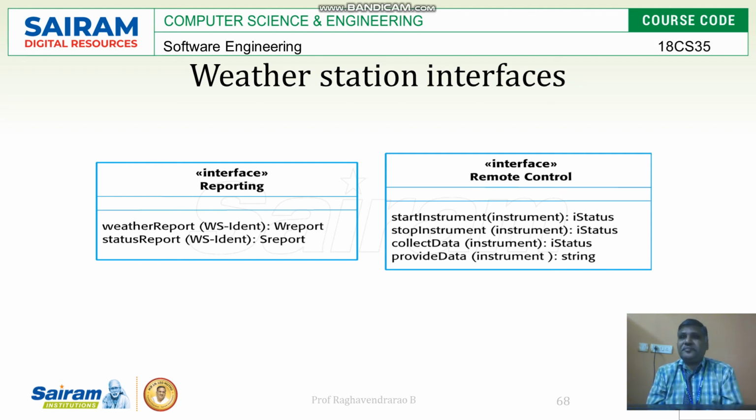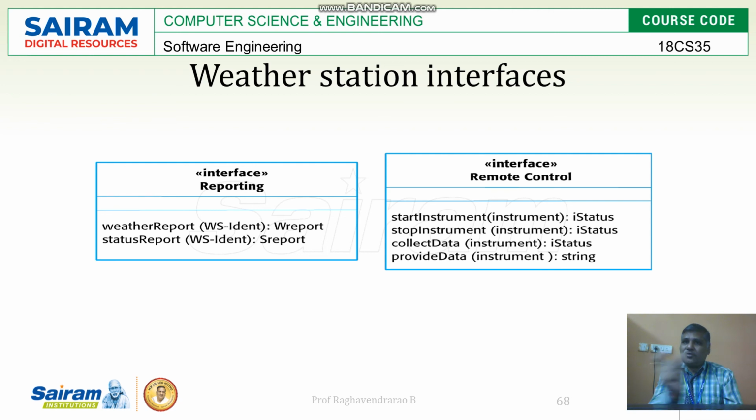First is start instrument, with its status, whether it is started or not. Stop instrument, with its status, should be given. Collect the data also gives status information. Then power data, provide the data, in the form of a string. These things are clubbed and interfaced.